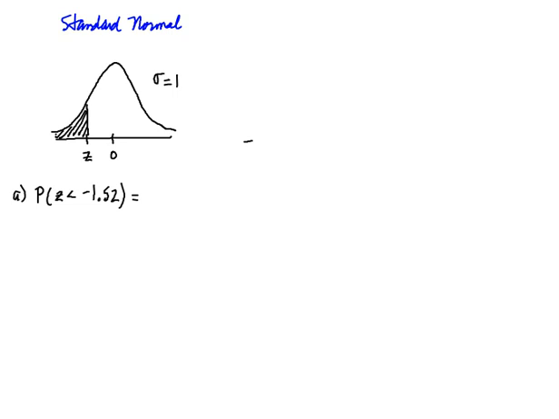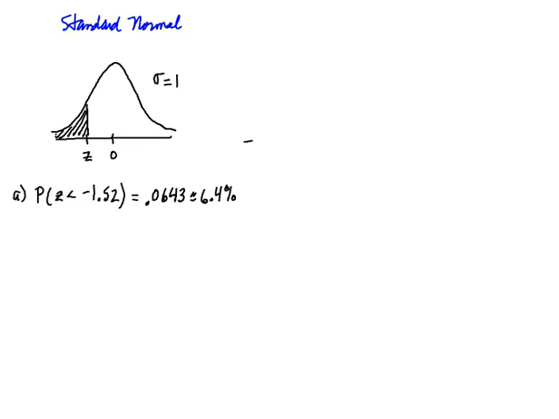So to get the negative 1.52, I'm going down to row negative 1.5 and over to column 0.02. So in row negative 1.5 and column 0.02, I get 0.0643, or approximately 6.4%.